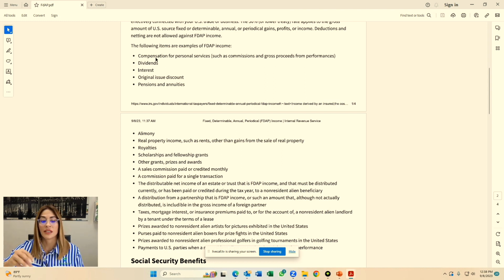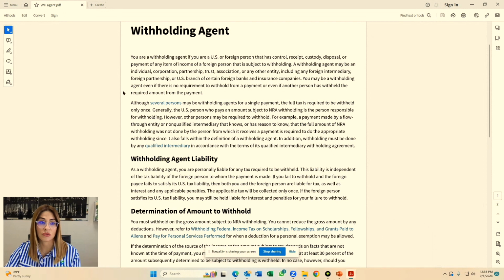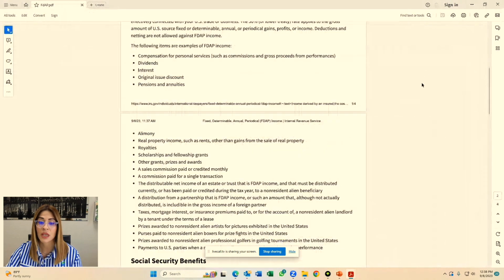No, it's supposed to be that if you are working for a company or you are a business owner paying a non-resident alien, you're supposed to withhold 30% of their pay and pay them the net. And you are the withholding agent. And that is another topic in and of itself. You can also see that on the IRS website, and you're supposed to withhold 30% of the gross amount that is due to them. All right.